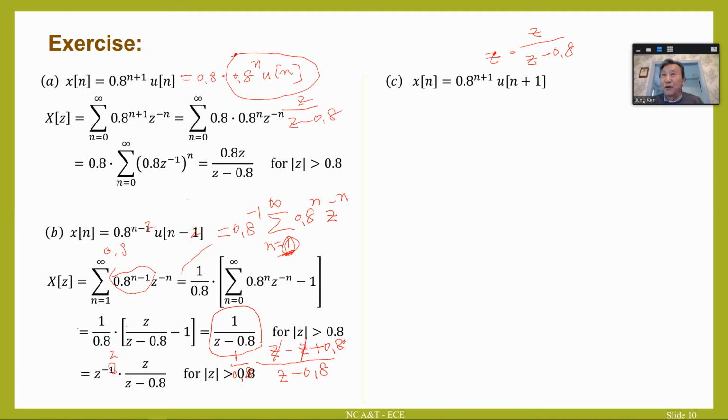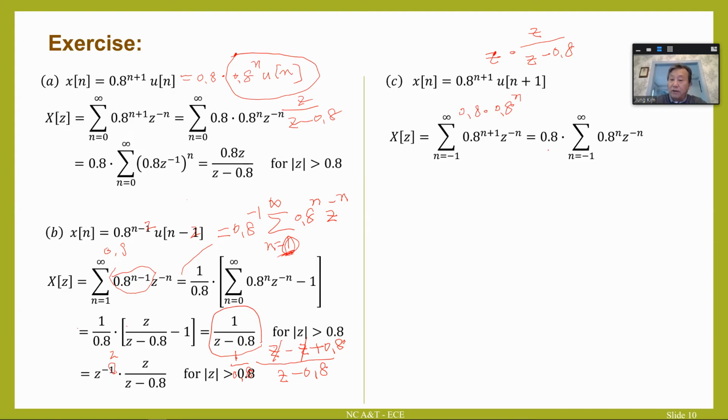That's a conclusion already. But using summation, using the formula, we can change it to this one, which is 0.8 times 0.8 to the n, and 0.8 is outside.